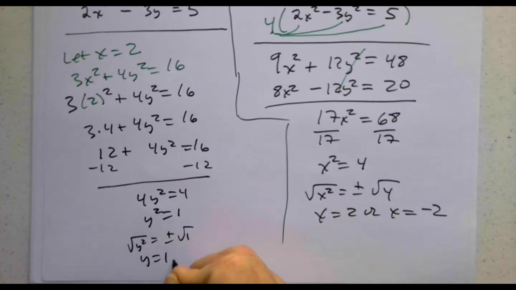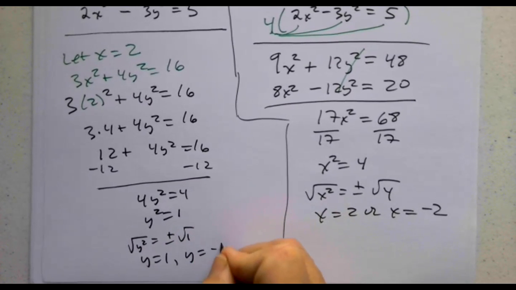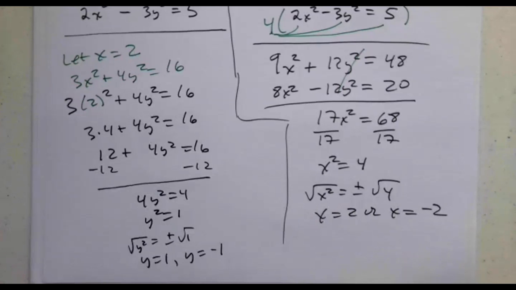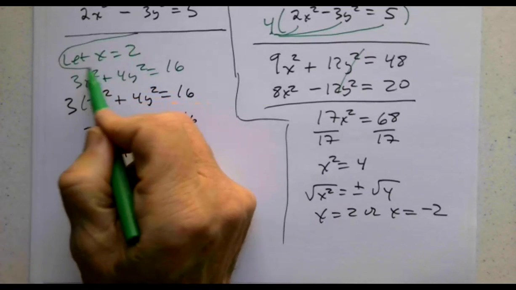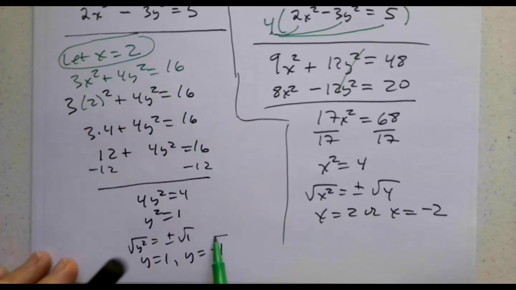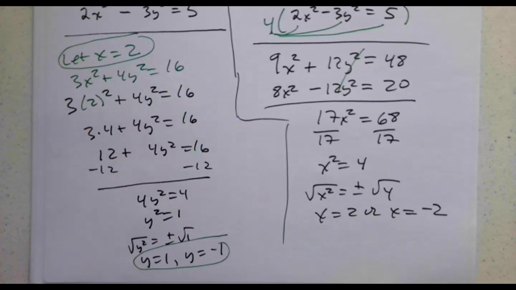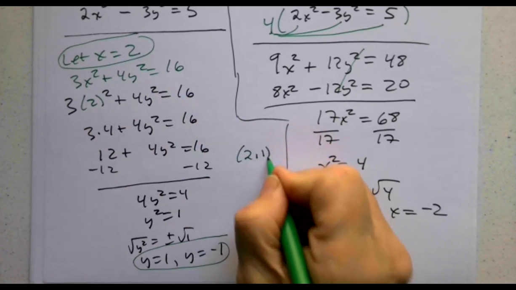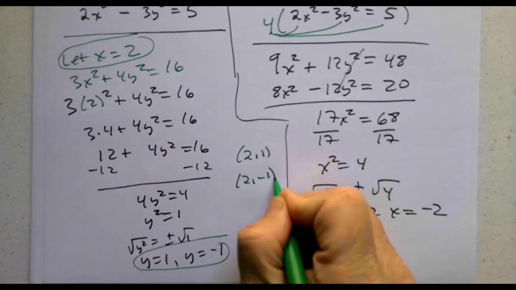So y is 1 or y is negative 1. Remember, that happened when x was 2. So we started this by saying x is 2, and from that we have y is 1 or negative 1. So that's 2 points. We have x is 2, y is 1. We have x is 2, y is negative 1.